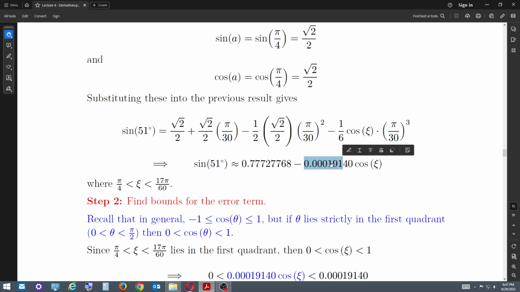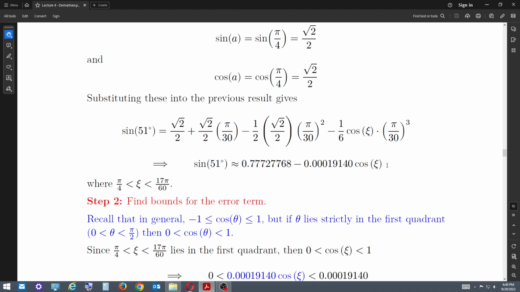This one is written to 5 significant figures: 1, 2, 3, 4, 5. Then you count the number of decimal places you need. I have 8 decimal places here, so I want to write this number to 8 decimal places as well, because remember, we're going to be adding these things at the end. So this is my estimate.